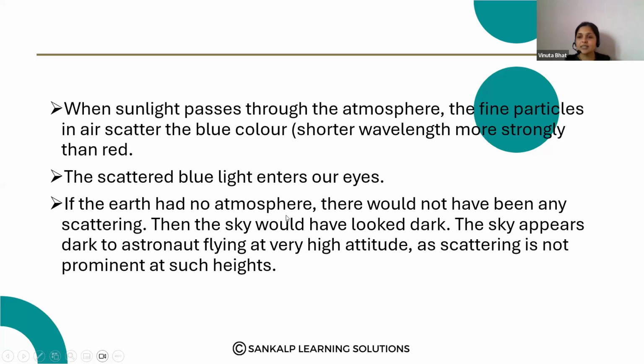So already we studied this. If you observe the sky from the moon, it looks dark. This is also the same case, the atmosphere is not present there, so it is not able to scatter the light. The sky appeared dark to the astronaut flying at a very high altitude, as scattering is not prominent at such heights.